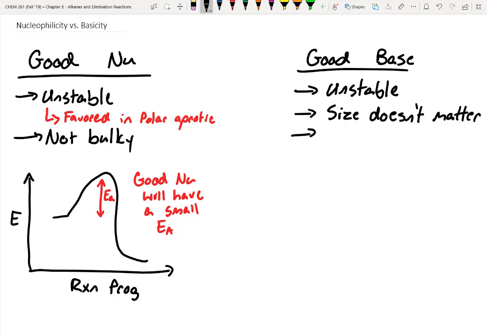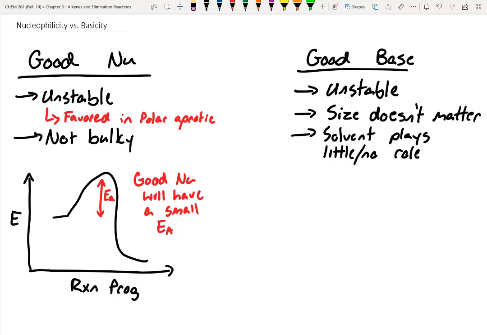In fact, we had a whole page in our acid-base chapter where we said that the solvent's ideally going to be inert or non-reactive during acid-base chemistry. We don't want it to do anything. So down here we would say that solvent plays little to no role in acid-base chemistry.